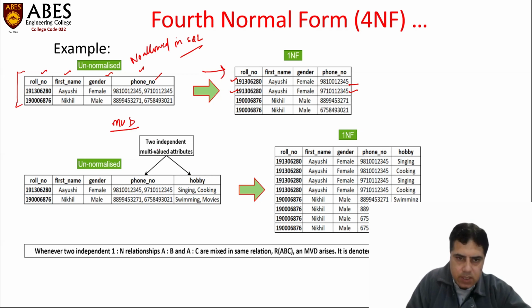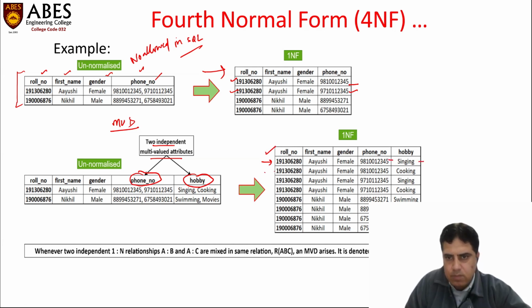Similarly, in case of multi-valued dependency, there are two independent multi-valued attributes. In this example, there are phone number and hobby. Both are multi-valued attributes. So when we normalize this data, the table is represented like this. Against the same roll number, there is one phone number and one hobby.